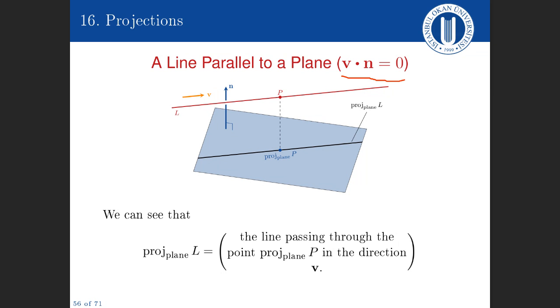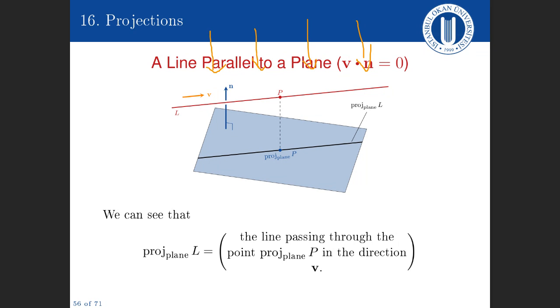I want to project this line onto the plane. So as before, there's two ways to think about this. Either we squash the line down. Imagine putting your hand at the top and pushing downwards and squashing this line down onto the plane.